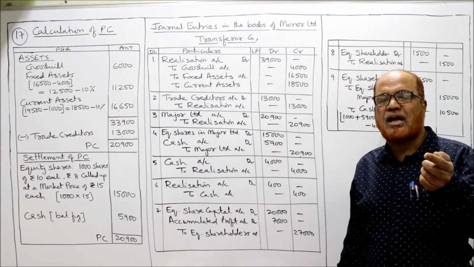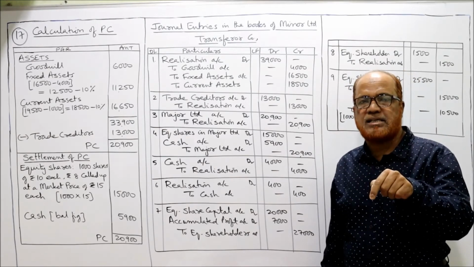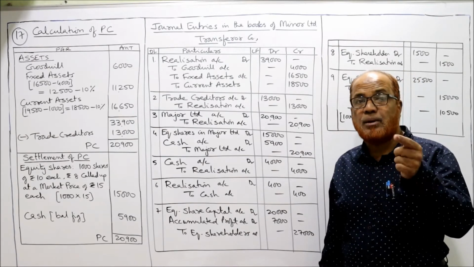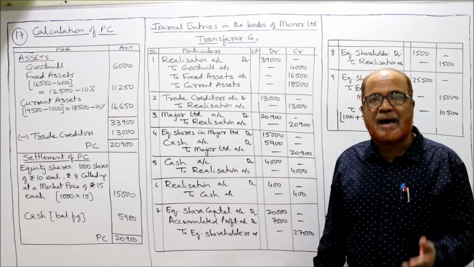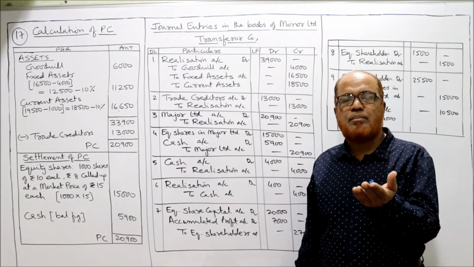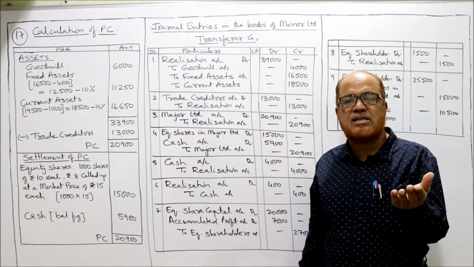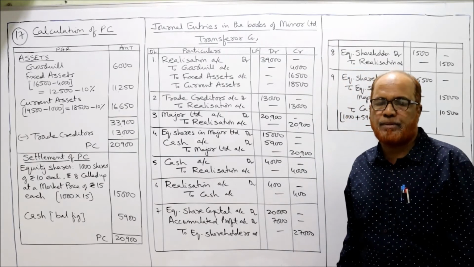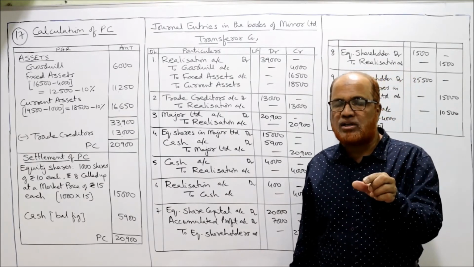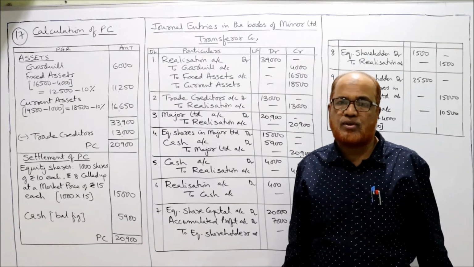The first entry: transfer all assets to realization at their book values, not agreed values, at book values, balance sheet values. Cash and bank balance will be transferred to realization only if it is taken over by the purchasing company. If cash balance is not taken over, we should not transfer it to realization.